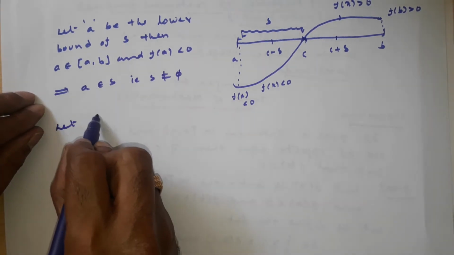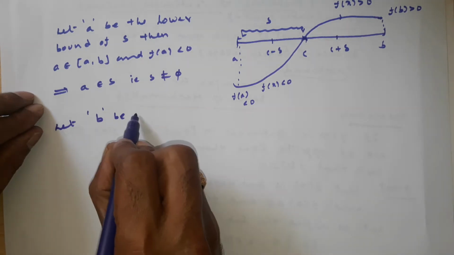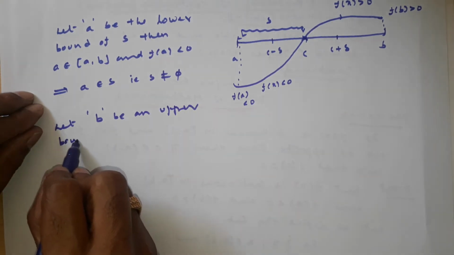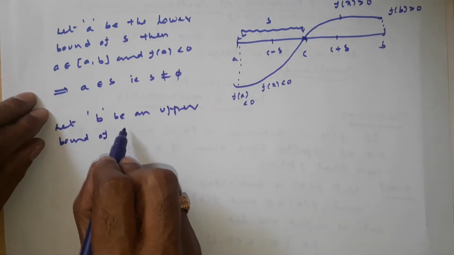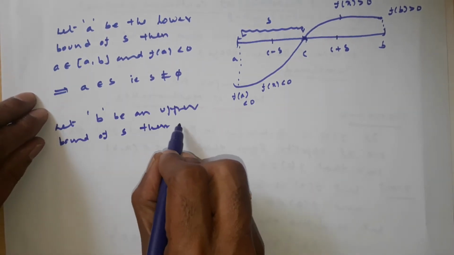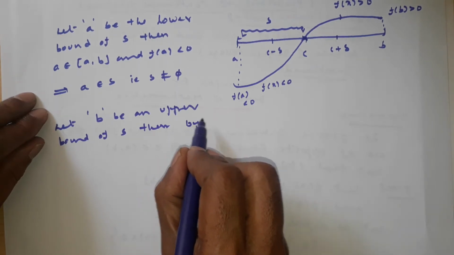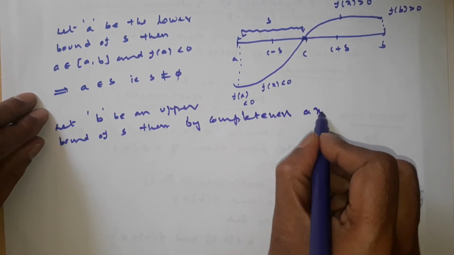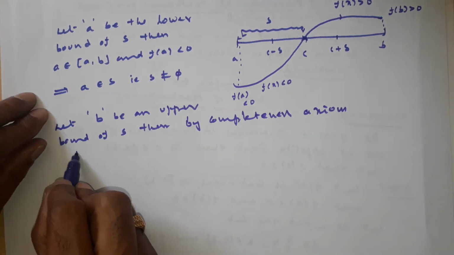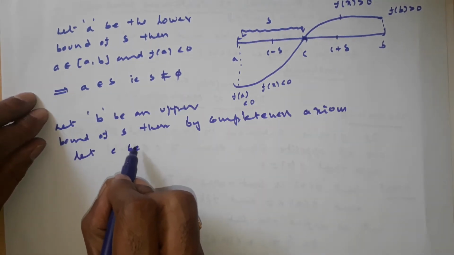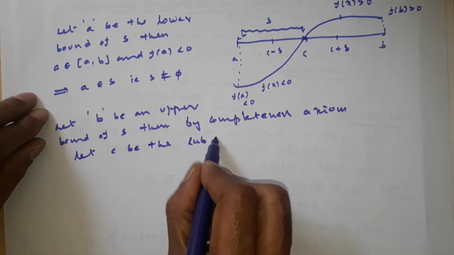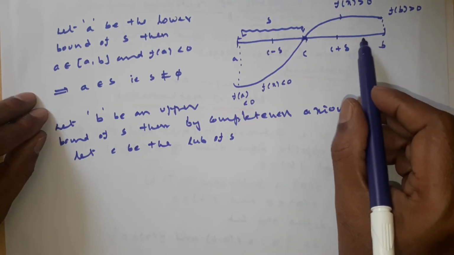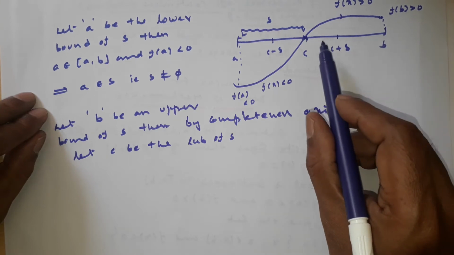Let b be an upper bound of S. Then by completeness axiom, let c be the LUB of S. As this is the total f of x function, b is the upper bound, and whenever b is an upper bound, there are many upper bounds.